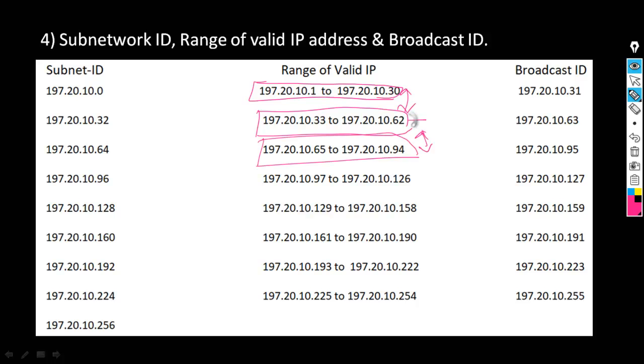So this range of IPs will not be able to communicate with that range of IPs because we are using the subnet mask 255.255.255.224/27. We will be using the same method for subnetting of class A and B.